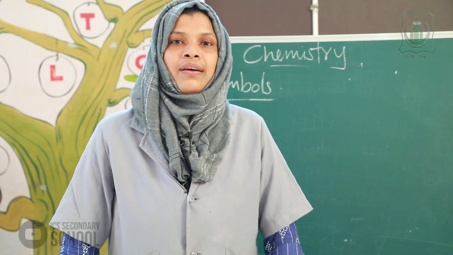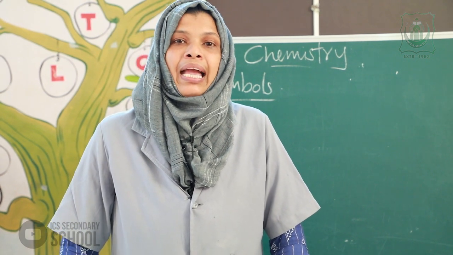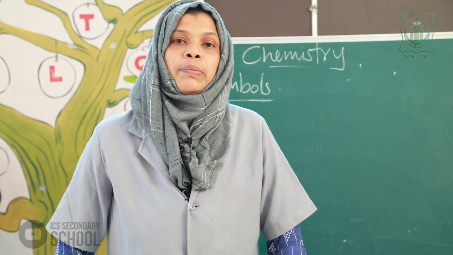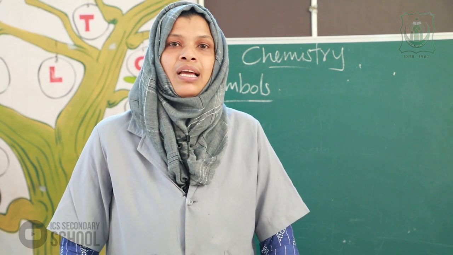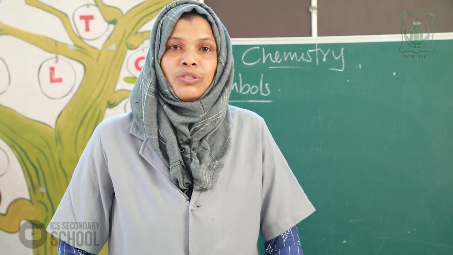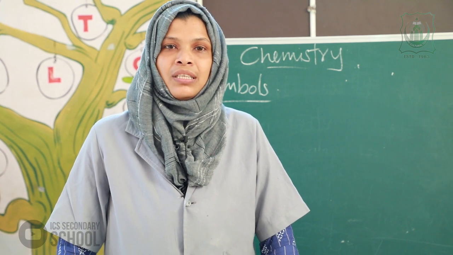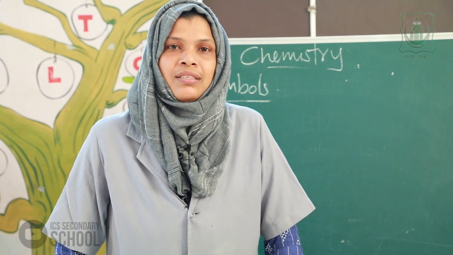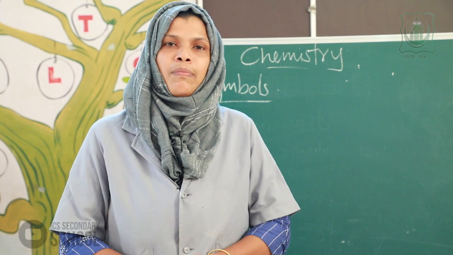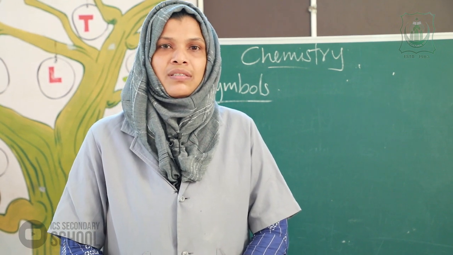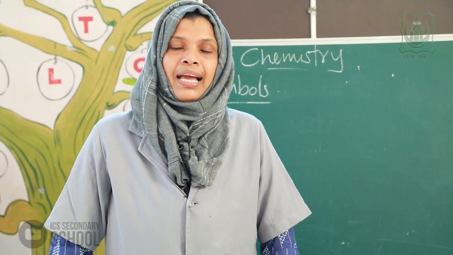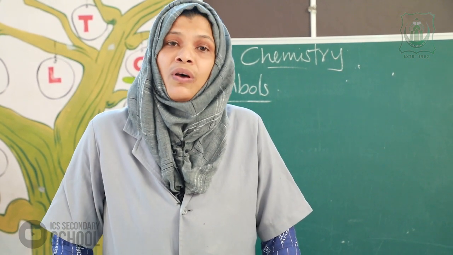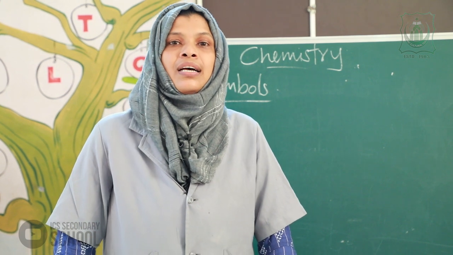First we studied elements and compounds. What is meant by elements? A pure substance which cannot be split into its components through chemical reaction. What are the examples for elements? Hydrogen, oxygen, carbon, etc. Next, compounds.